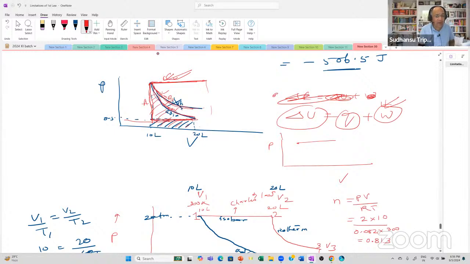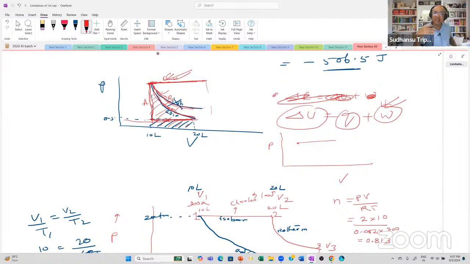But when it is expanded or compressed, in a compression, the final pressure under which it is compressing, the higher pressure with which it is compressing down, will be taken as P external.